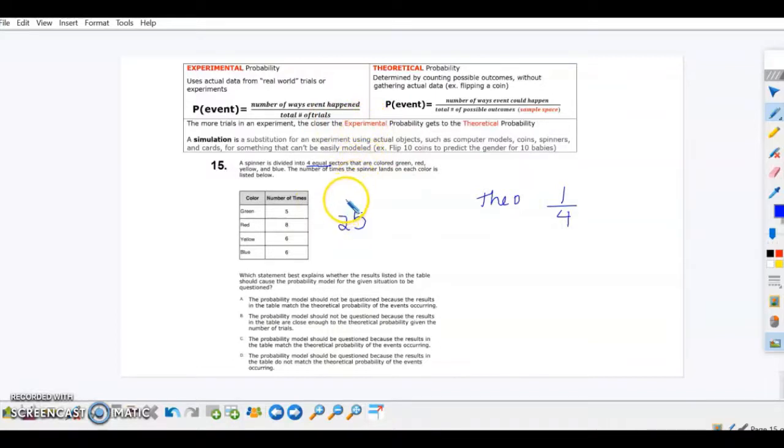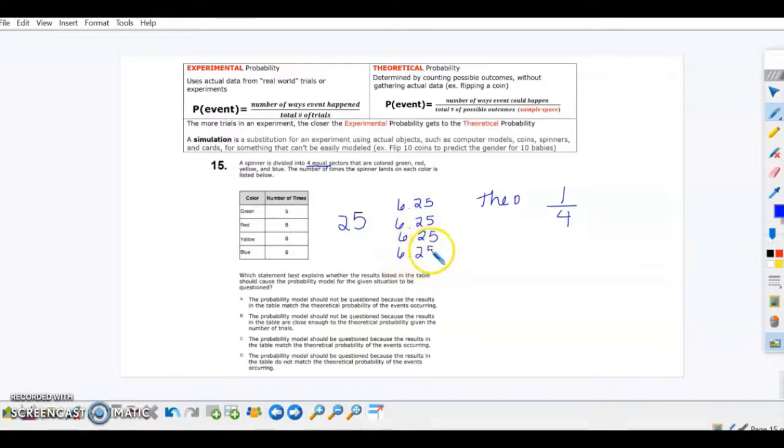So if there were 25 times of spinning the spinner, and the probability is 1/4, then about how many times would we expect it to land on each color if they are all equal? Well, if we divide 25 by 4, that would be about 6.25 times theoretically that it would land on each of them.